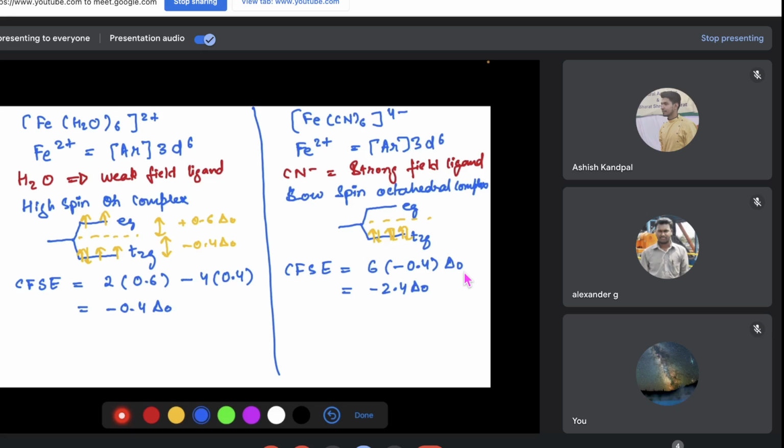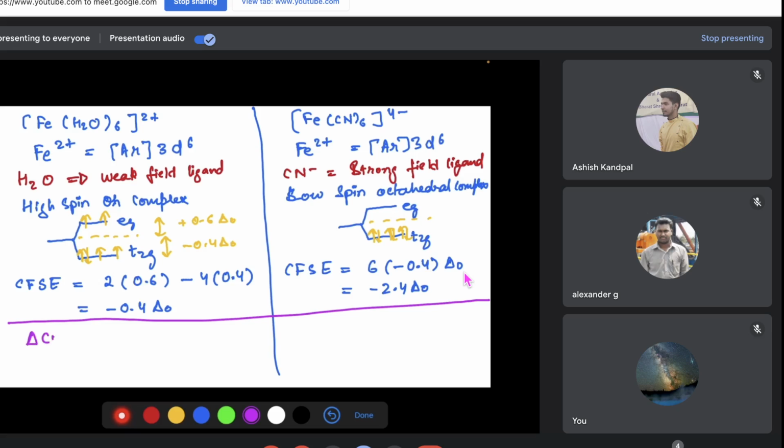We are asked about the magnitude of the difference in the CFSE of each complex. So we just need to tell the magnitude, not the sign.